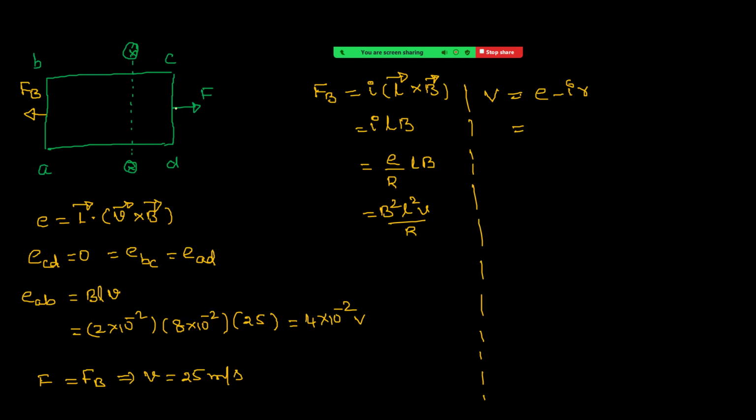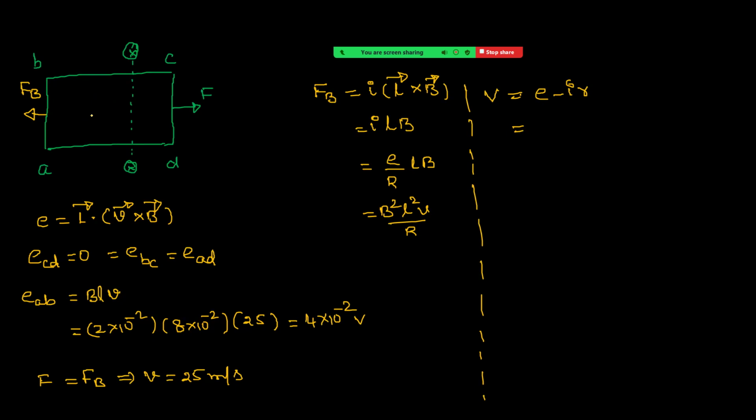See, once we are pulling the loop out of the field, the flux in this area will decrease, because the area in the field is decreasing. Because the flux is decreasing, according to Lenz's law, the direction of induced current is such that it tries to oppose the cause of its production.